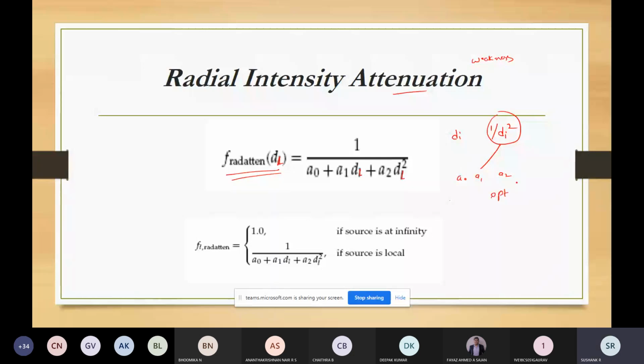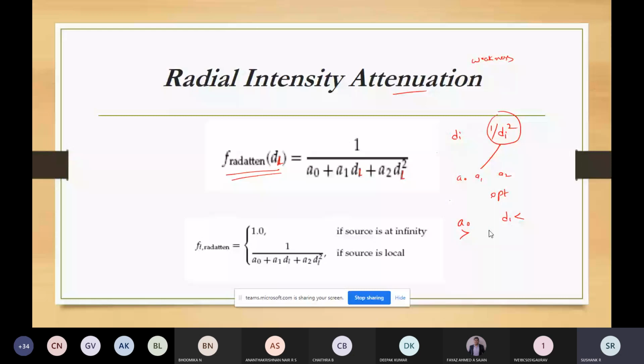We can assign a naught a very large value when dl is very small, so that you can prevent this from becoming very large.